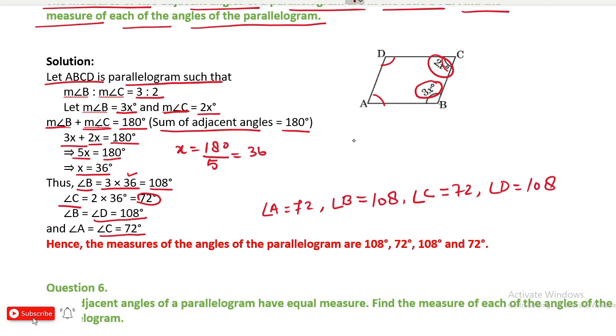Hence the measures of the angles of the parallelogram are 108, 72, 108 and 72.